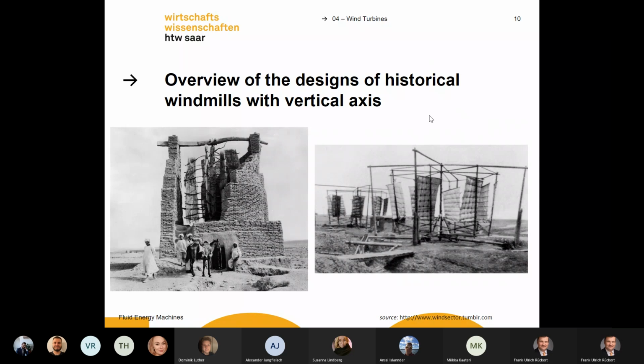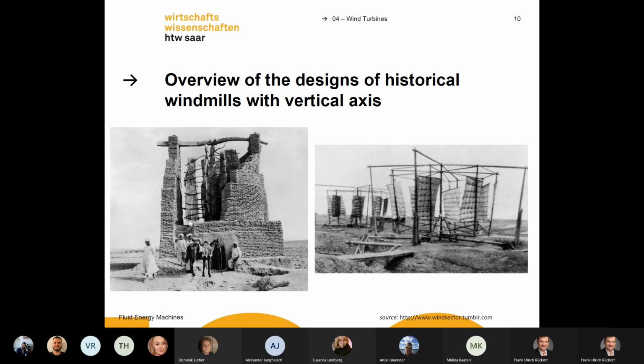Okay, so let's have a short historical overview of windmills. The windmill is a really old technique. You see a picture here of an old Saudi Arabian windmill. It's like a tower, and these windmills were used for milling corn.